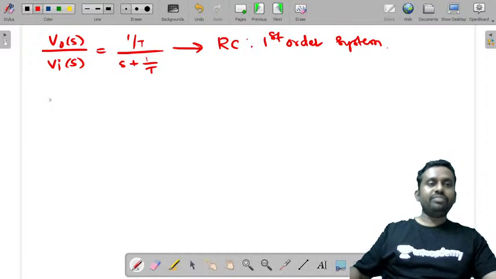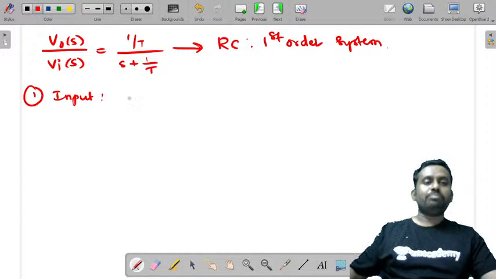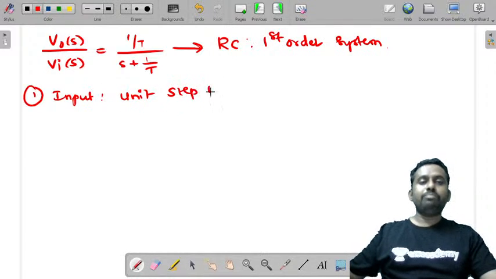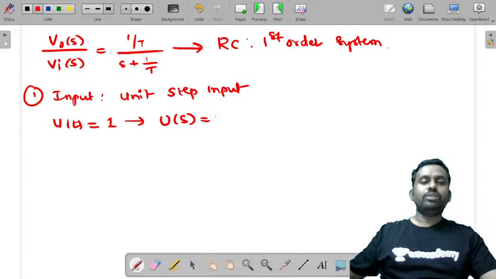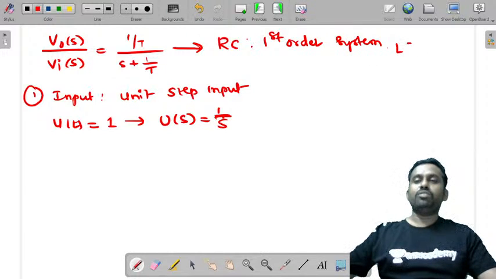To this, if I am applying some input, let us say I am applying unit step input. What is unit step? U of t is equal to 1, steady value. So what is U of s? It is 1 by s.